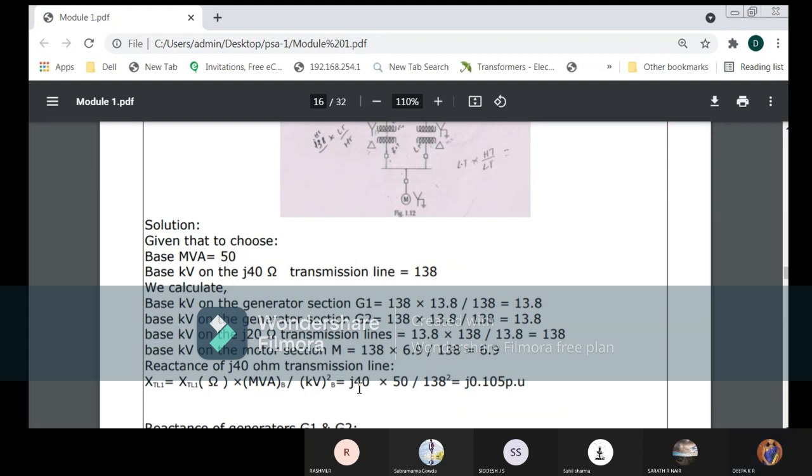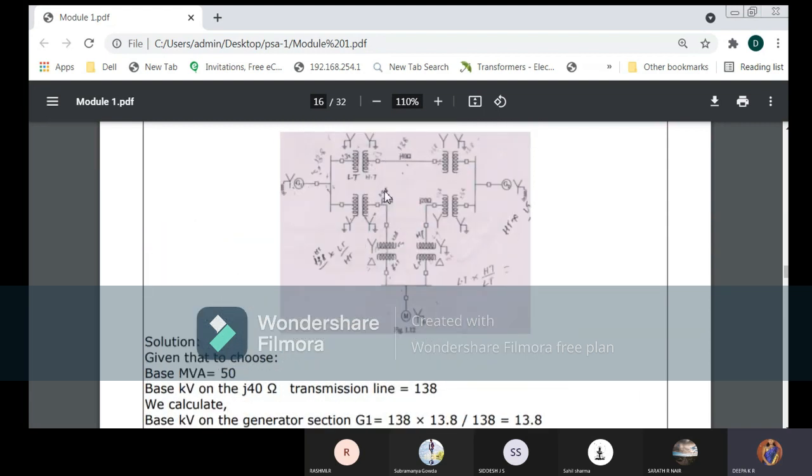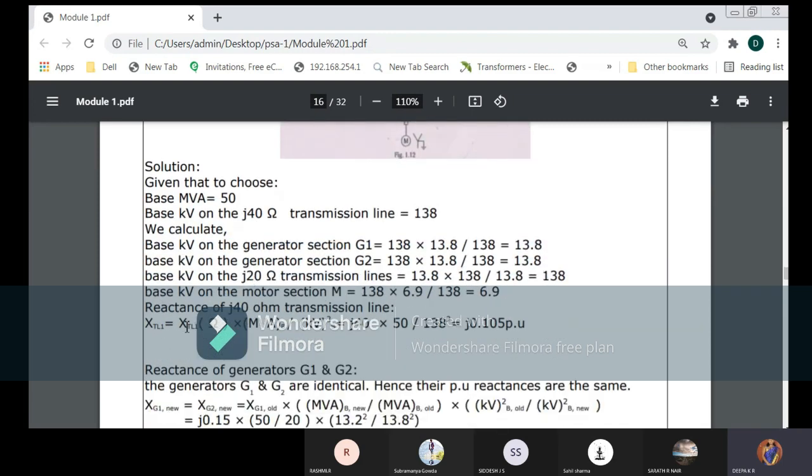So we'll go with the first case, transmission line 1. From the figure you can see this is transmission line 1, transmission line 2, transmission line 3. First one, I'll take the transmission line's old value, whatever value exists in the problem, into the new MVA value, the base MVA 50, into KVB square.